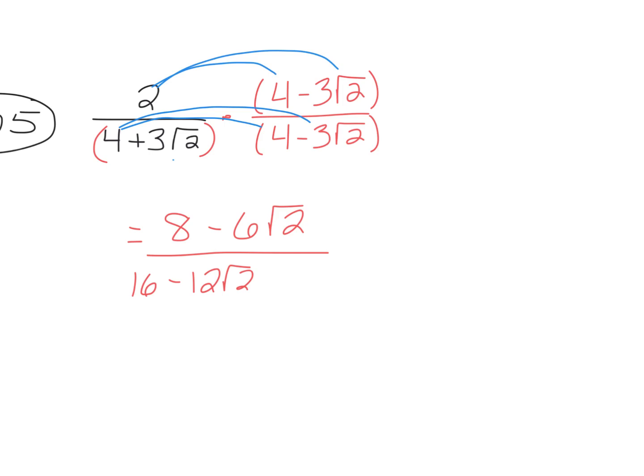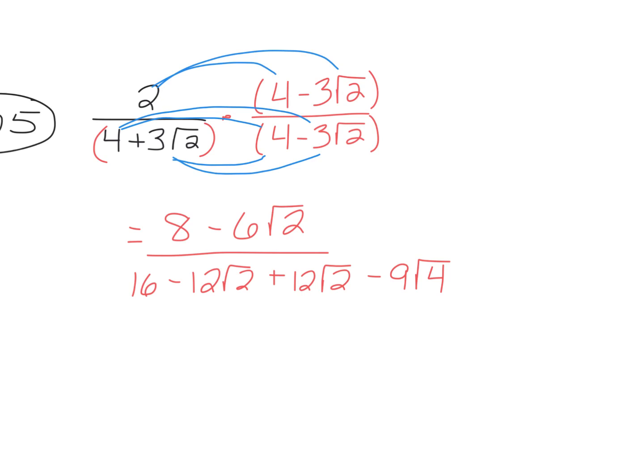And then I move on to the second term. 3 square root of 2 times 4, plus 12 square root of 2. And then 3 square root of 2 times negative 3 square root of 2, negative 9 square root of 4. Is everyone okay up to this point? All we've done so far is distribute and FOIL to get our terms together.